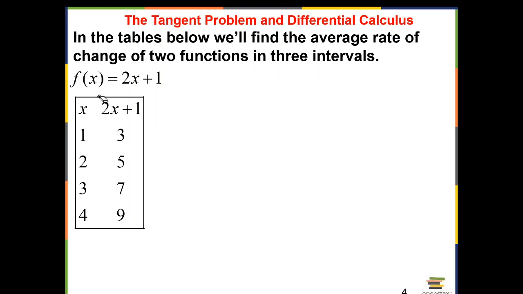The input values here are 1, 2, 3, 4, and we're going to look at how the output values change as the input values change. So we're going to find the rate from 1 to 2, for example. When the input changes from 1 to 2, the output changes from 3 to 5.